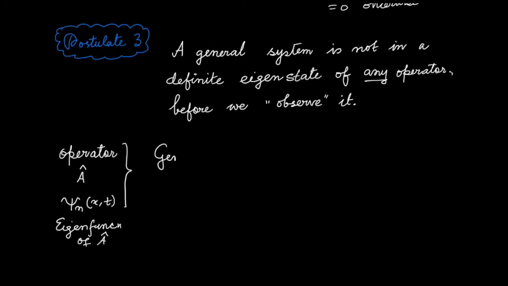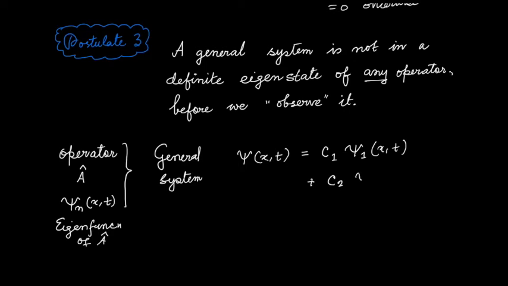So then a general system, before we do any measurement, I have to write psi(x,t), which is the wave function, in a linear superposition of all possible eigenfunctions. So c1 psi1(x,t), all possible eigenfunctions of the operator A cap.